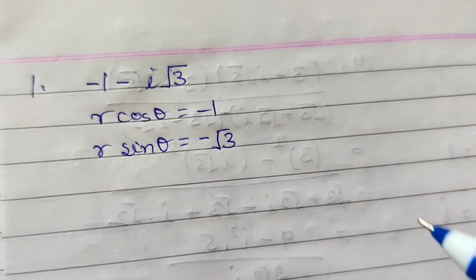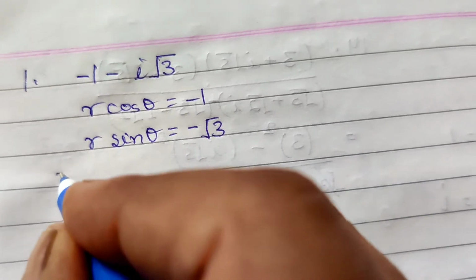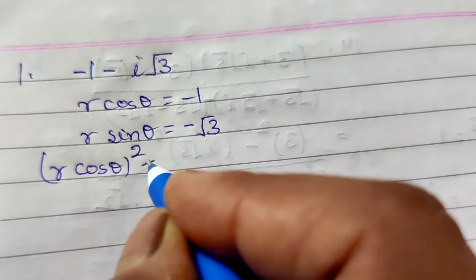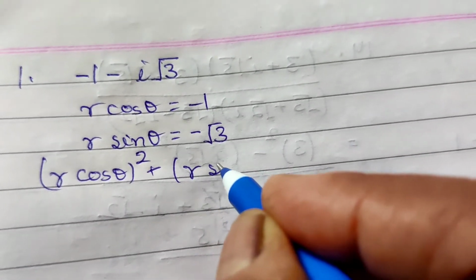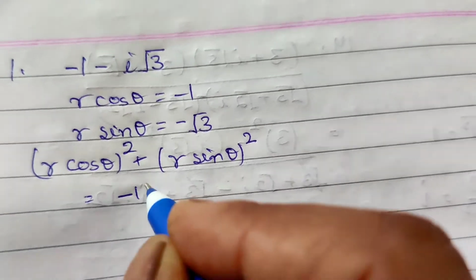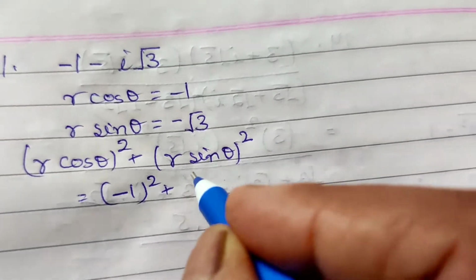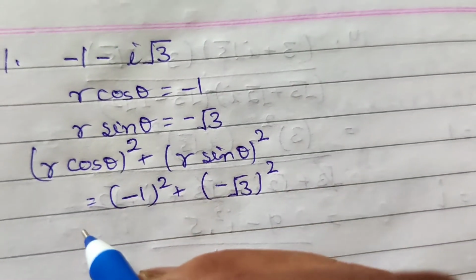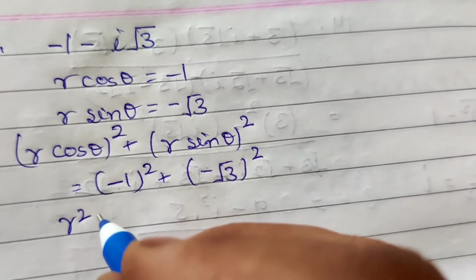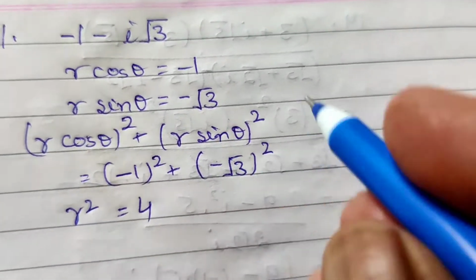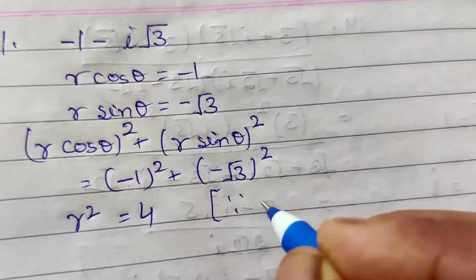Now squaring both sides and adding, r cos theta whole square plus r sin theta whole square equal to 1 plus 3, it means r square equal to 4, because sin square theta plus cos square theta equal to 1.